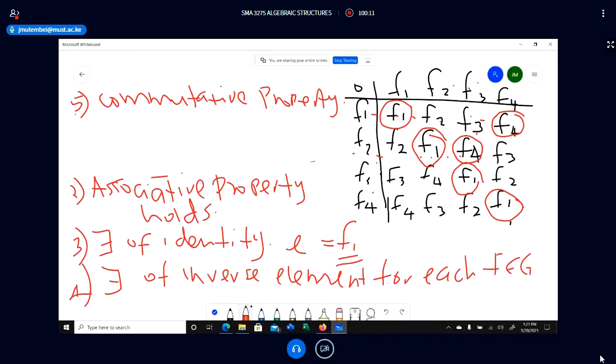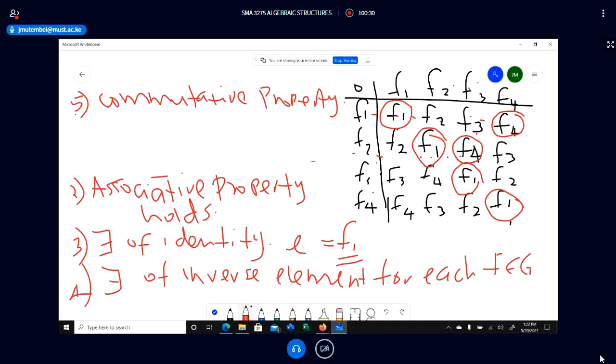And remember, when we looked at the Cayley tables and the various binary operations, we said that a set is commutative under a binary operation if corresponding rows and columns are identical.